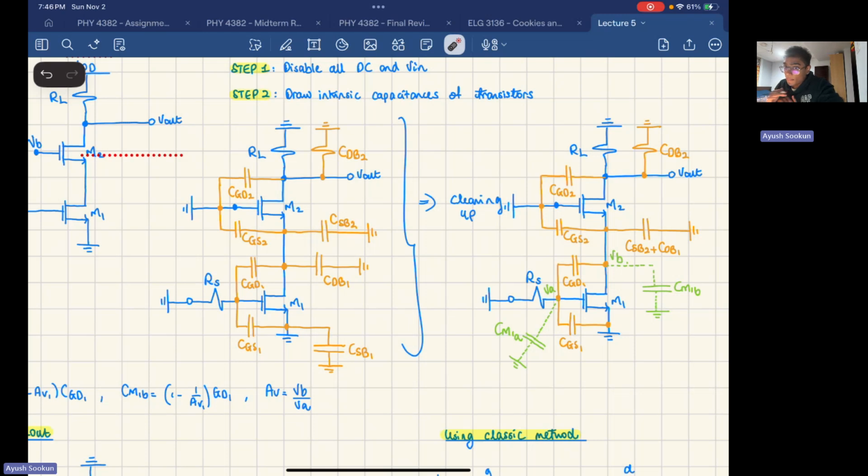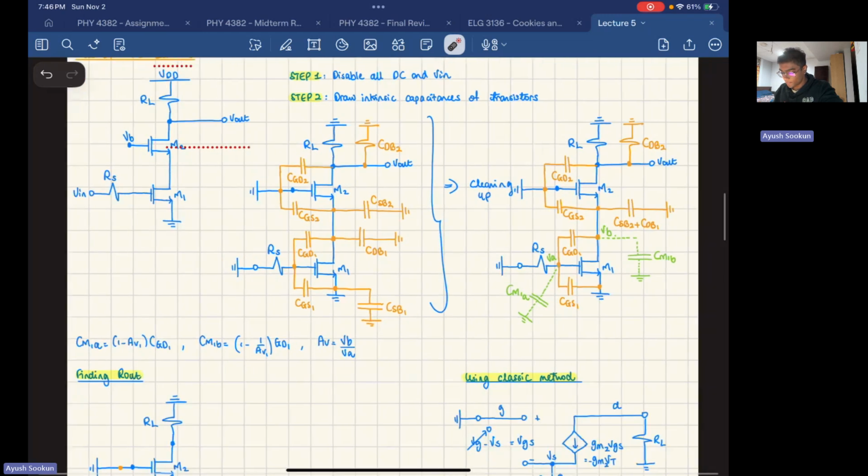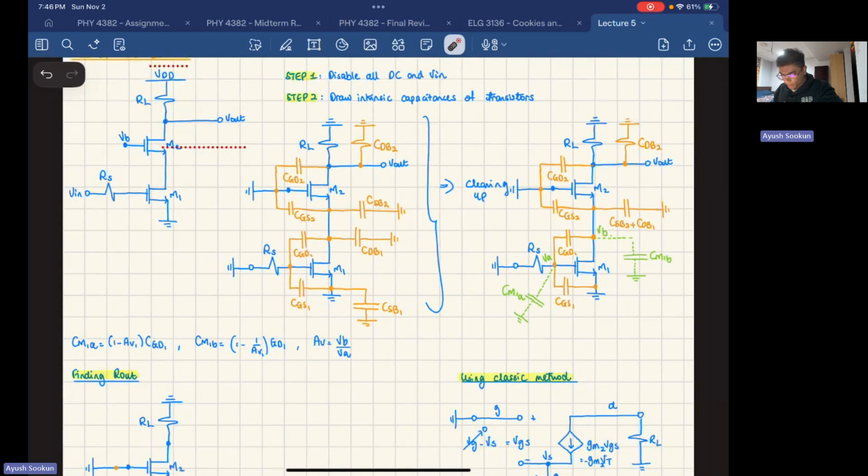Now, if you don't remember, or I'm not making sense at all, go back and watch the pole identification video. CM1A is going to be governed by this equation through pole identification. Again, I can't stress this enough: go watch the previous video if you want the equations of pole identification.